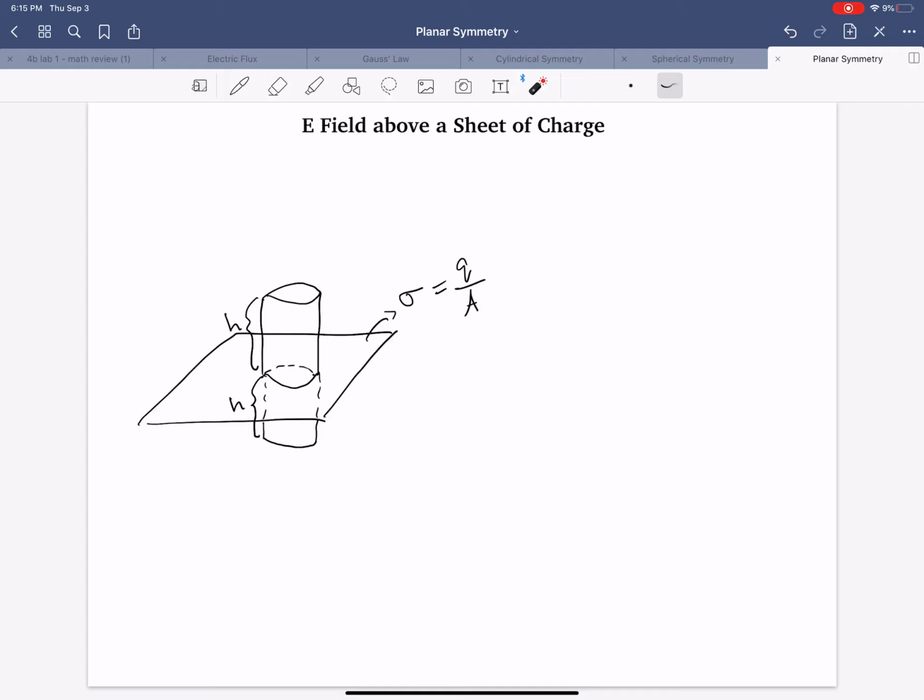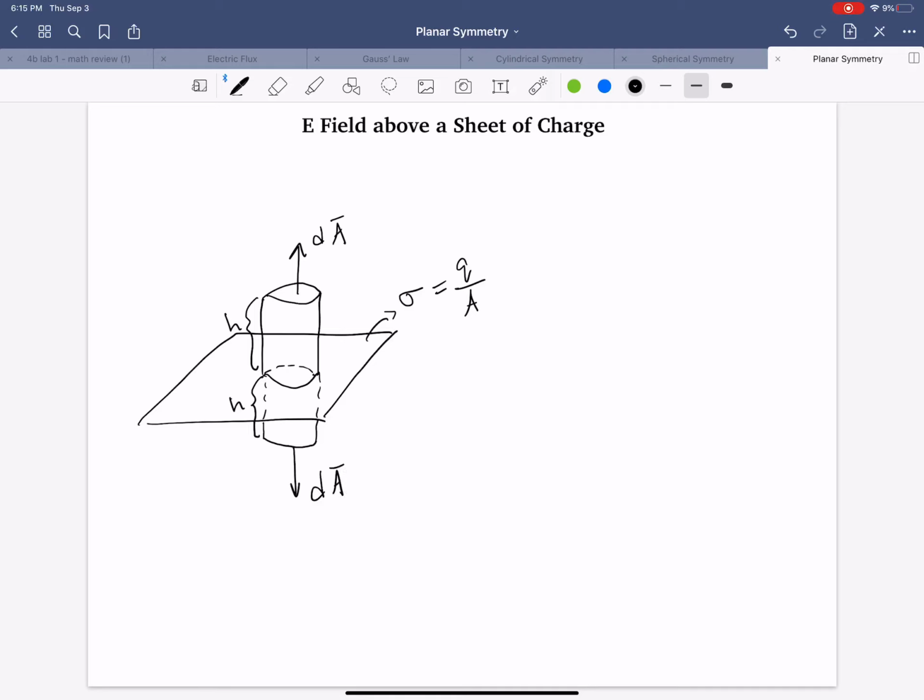Gaussian cylinder, whichever. Which surface of that Gaussian cylinder will have a non-zero electric flux? Well, the surface on top has the area vector normal to the surface. That's going up. The one on the bottom goes down.